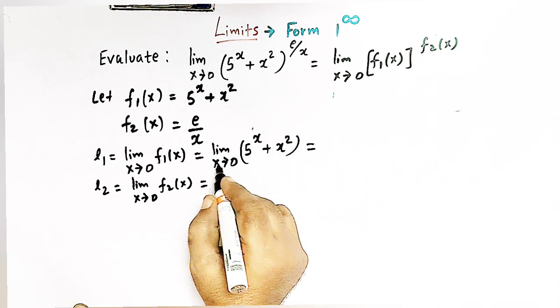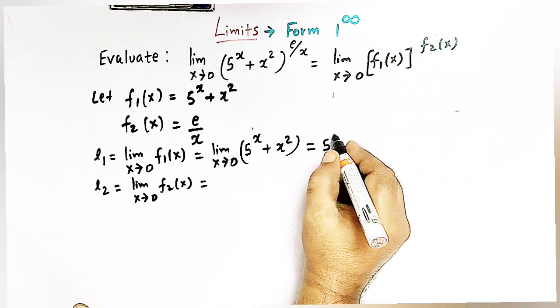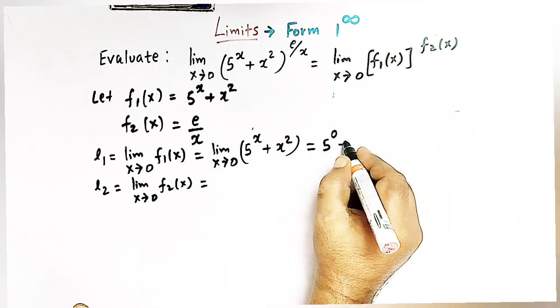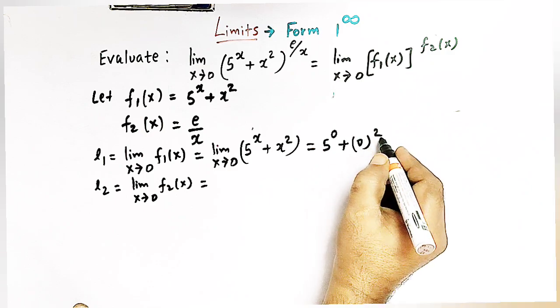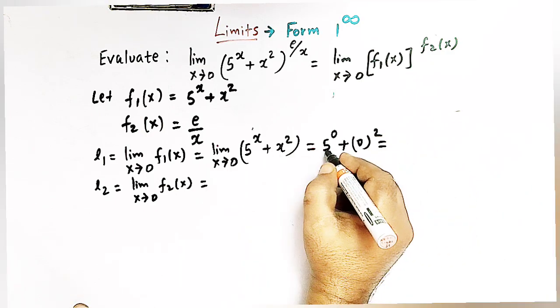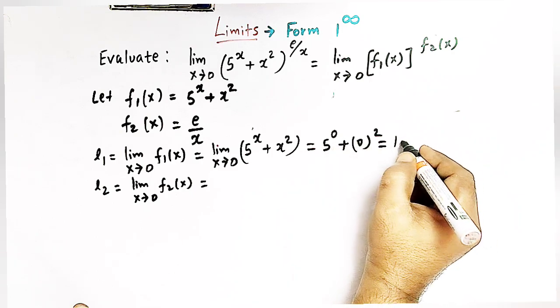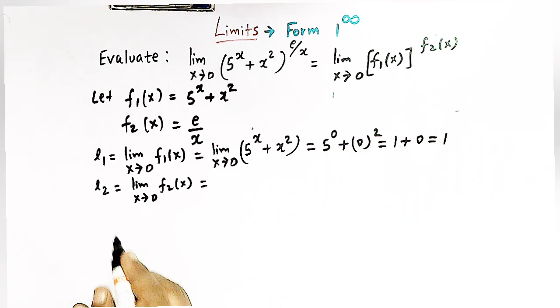When x tends to 0, 5 raised to x is 5 raised to 0, and x square is 0 square. So 5 raised to 0 is 1, and here we have 0, so this is equal to 1.